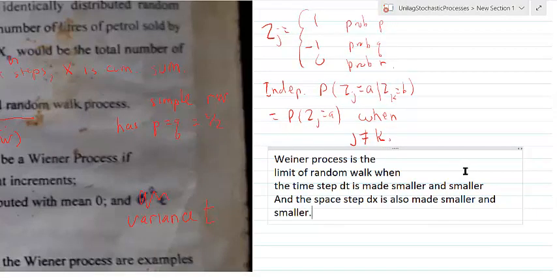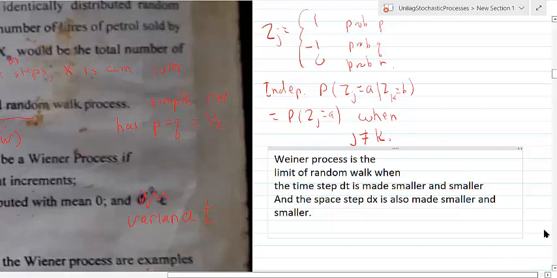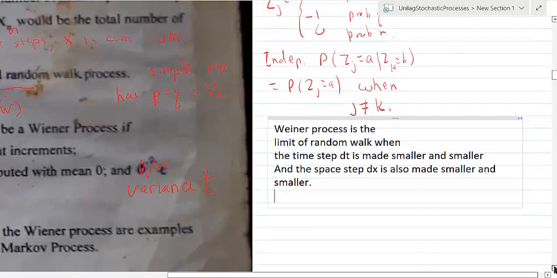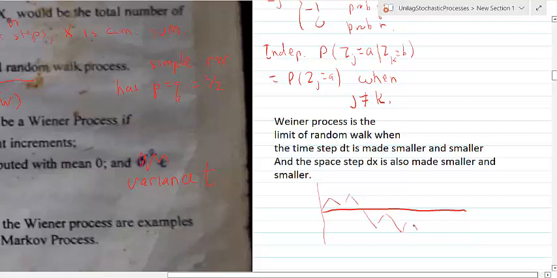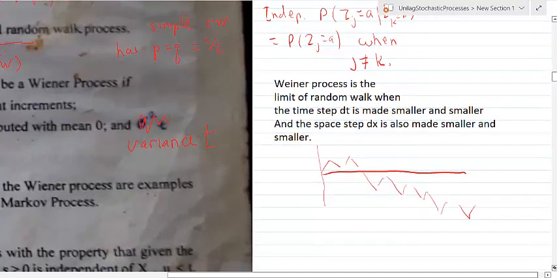One way of visualizing this is if you take a random walk like this, the random walk will look something like it's going to go around and go like this, right? And it'll go randomly and something like this. And you zoom out so that the space step and the time step look very small.